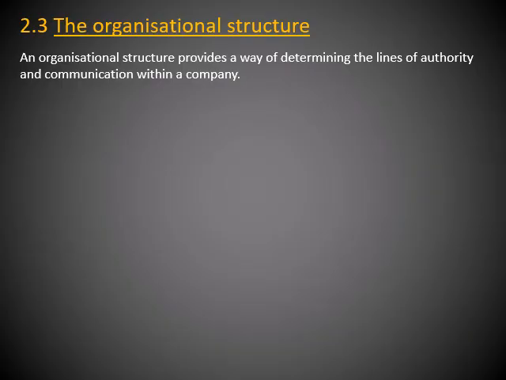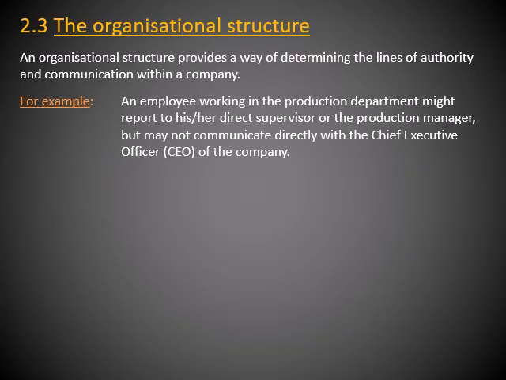Our next element is called the organizational structure. An organizational structure provides a way of determining the lines of authority and communication within the company. If I can give you an example, an employee working in the production department might report to his or her direct supervisor directly.